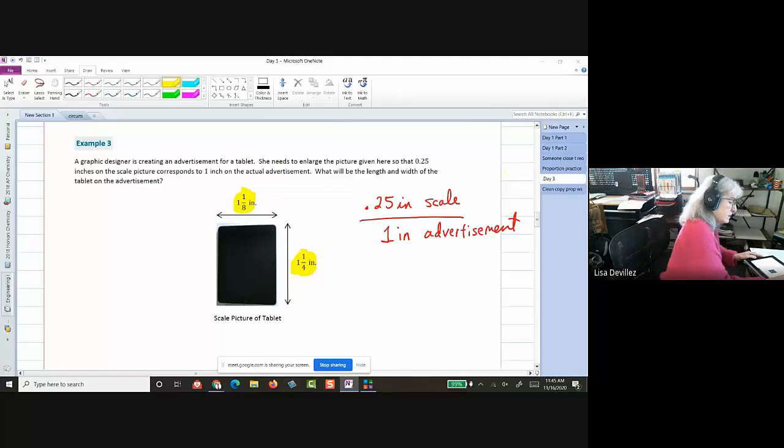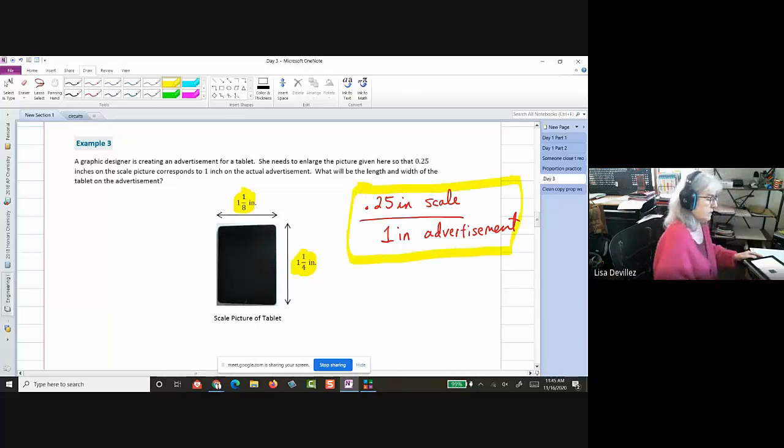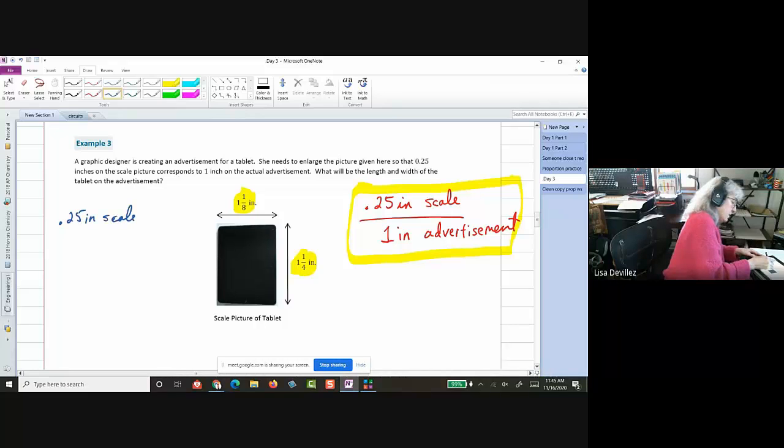The given scale factor is always going to be on one side of your ratio. Okay, so I have 0.25 inches to scale over 1 inch in the ad. All right, and we'll do this top dimension.